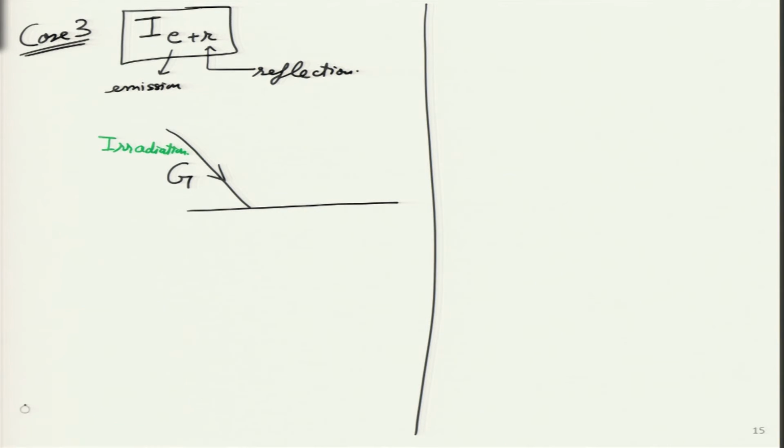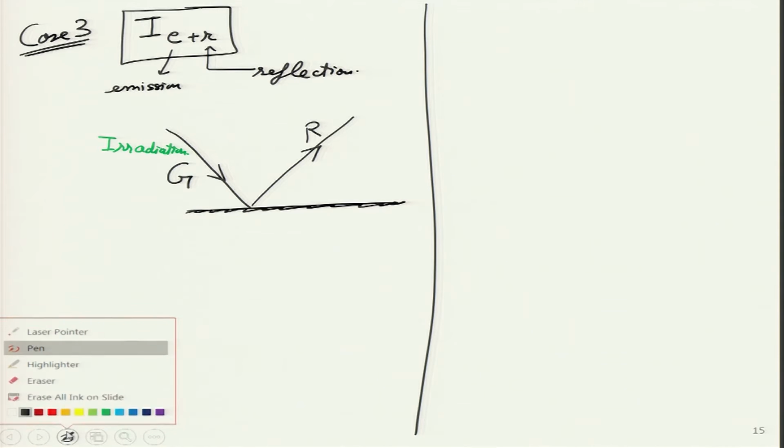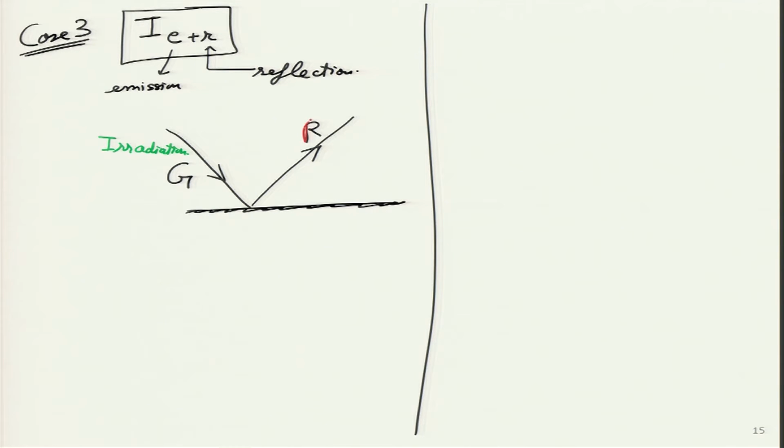Now, this black surface over here may have a certain reflectivity, so a certain portion of G may get reflected. I will represent this in red color over here. The reflected part is capital R, and this is the reflected wave. Because the surface has its own temperature, it may be giving out certain emissions by itself, that is, the emissive power capital E.